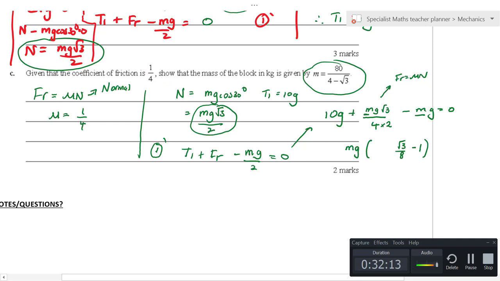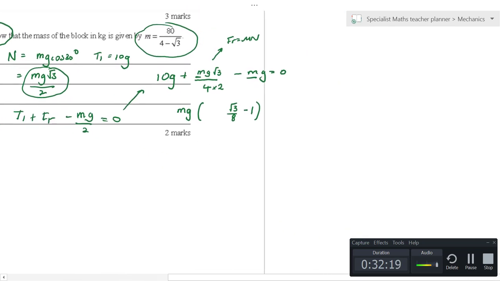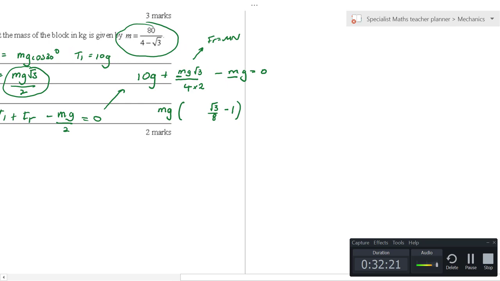If you just reverse engineer and skip steps and pretend as though the examiner's not going to notice, you're in for a big treat. So that's fine. We're going to say plus 10g is equal to 0.